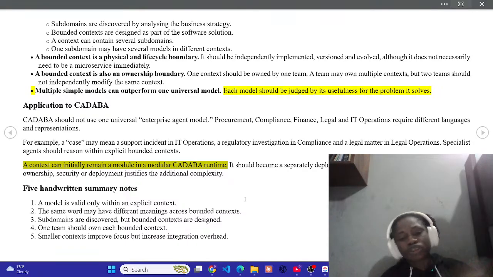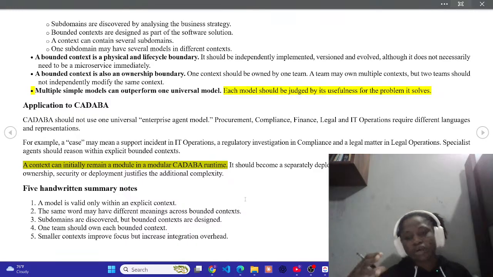I may cross the boundary of legal data into finance data if I'm combining them together and designing them together. And even if I'm designing, for example, in Fabric, you will not use the same workspace we are using for finance or legal operation. So there should be separation of concern. All context, all business domain operation must be bounded. You must not mix them together, and different teams should be assigned.